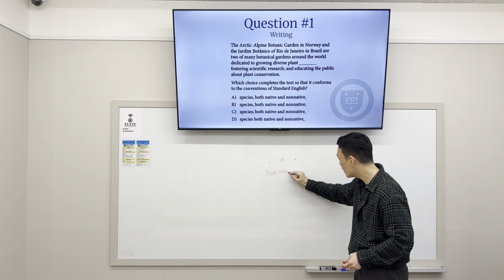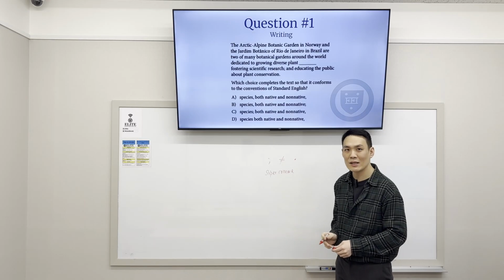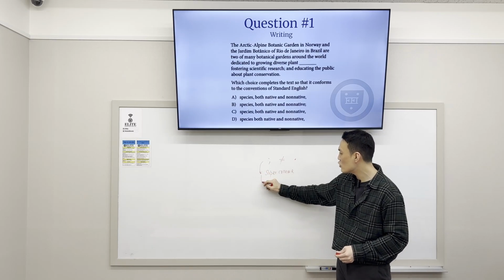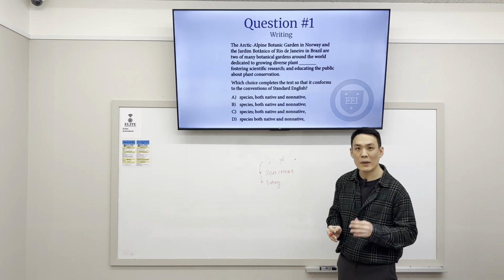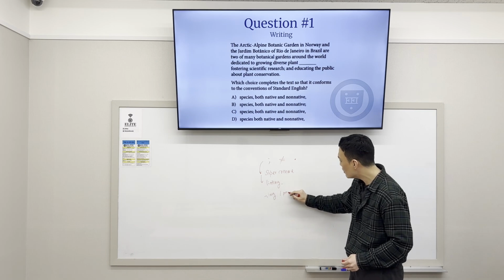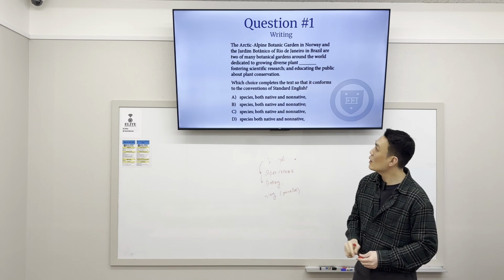Now what does that mean? We want to list complex items on the list, and we can indeed use a semicolon for this. When we're using a semicolon as a super comma for listing items, we must follow a parallel structure. As you can see in the last item, we see the ing form, educating.